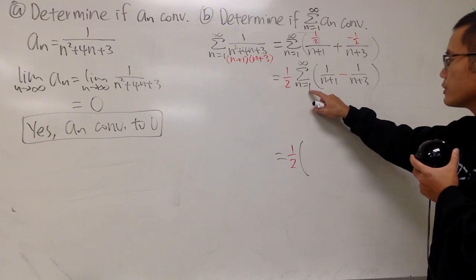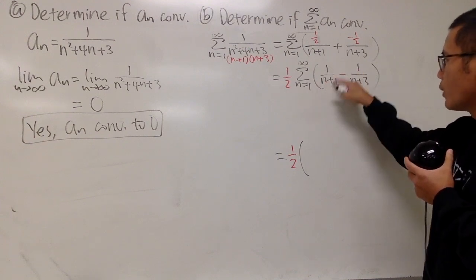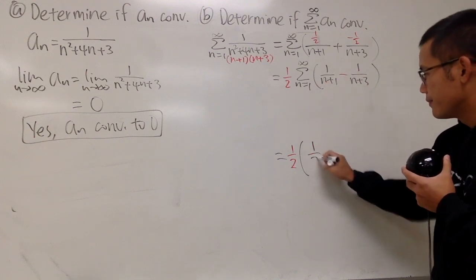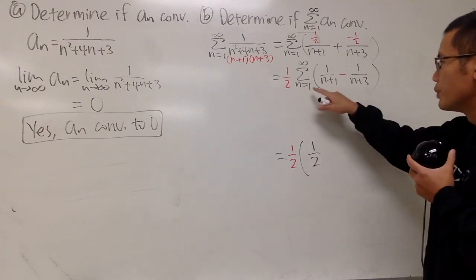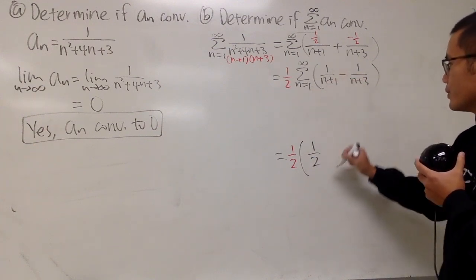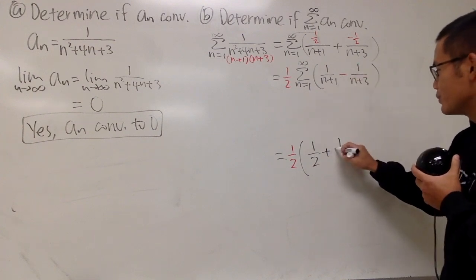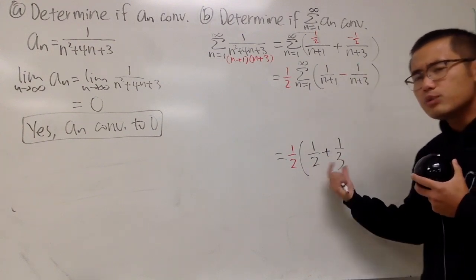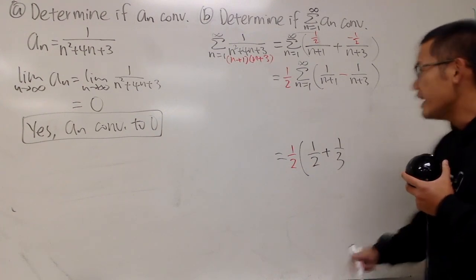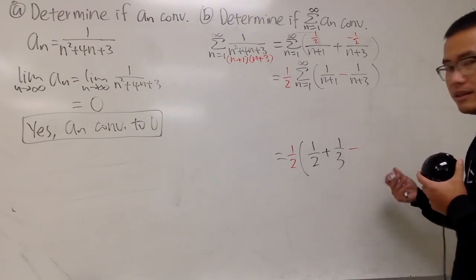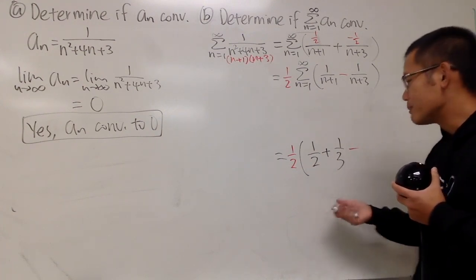First term, you just put 1 in here, so we get 1/2. We also need another one: put 2 in here, it's 1 over 2 plus 1, which is 3. This is what I mean by the first 2 terms. And then we have to subtract. This is how we find the nth partial sum formula.